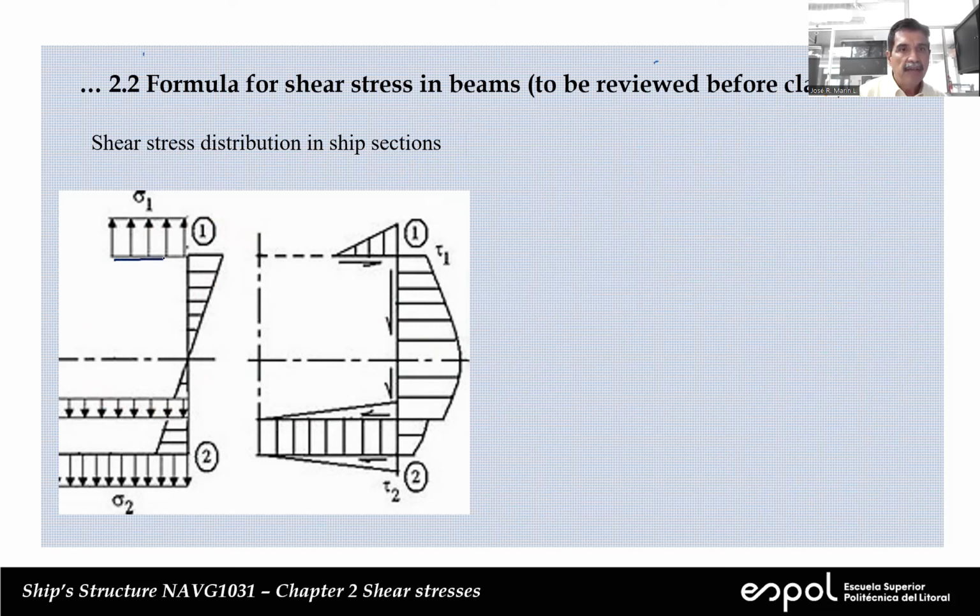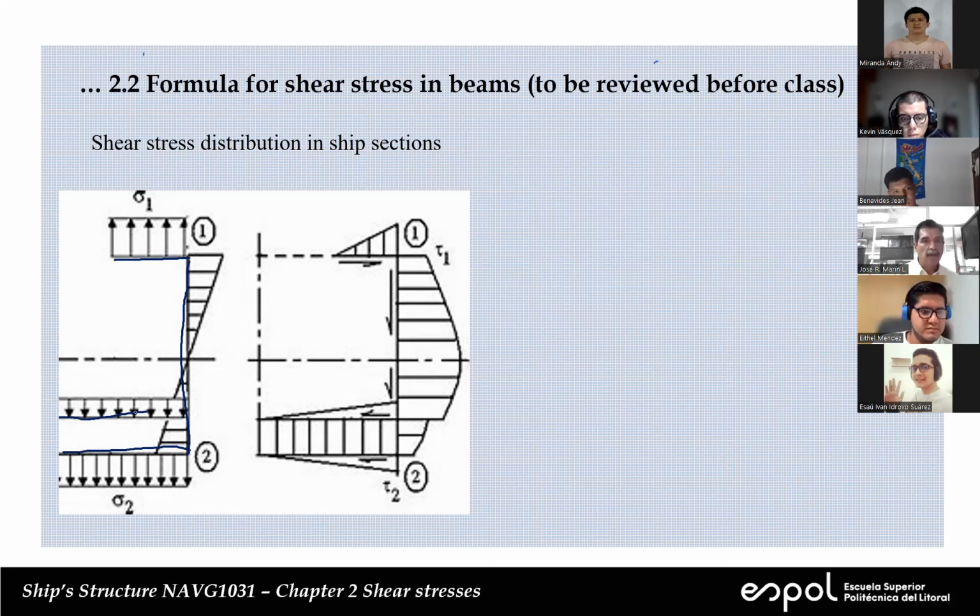This is the deck of the ship. Here I have a hull. So it's like a hatch, so you can put loads inside the hull. This is the side of the ship, the side. This is the bottom. And this is the inner bottom or double bottom, whatever you want to call it.